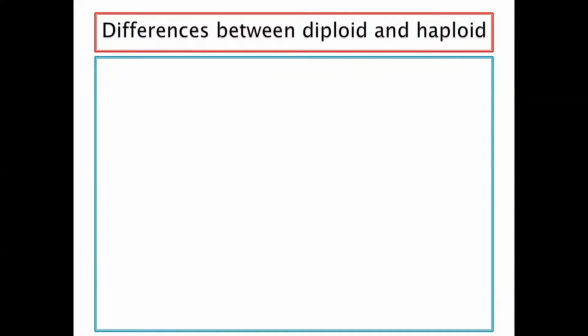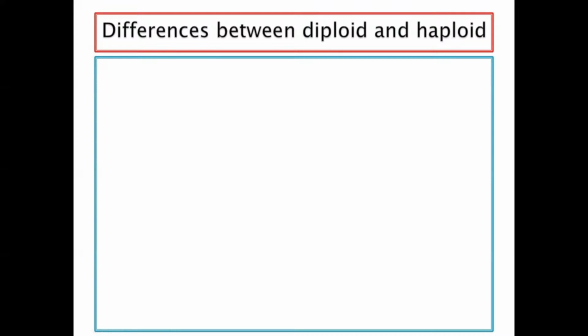For example, if an organism has 20, the haploid state of it is going to be 10. If the organism has 32, the haploid state of that organism is going to be 16. So haploid means half the chromosome number, diploid means doubling.